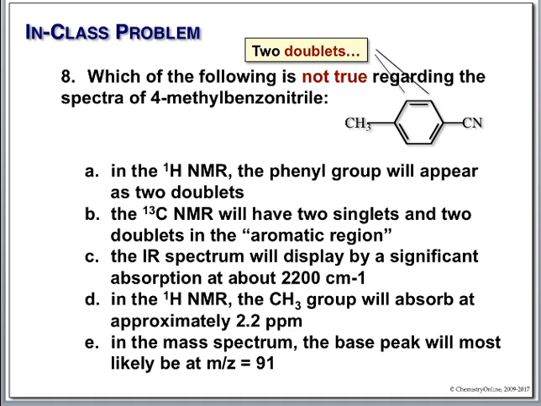So this guy splits this one into a doublet. Likewise, this guy is split by this one into a second doublet. With 1,4 substitution, you typically see very nice clear 2 doublets. This is in the benzene region, so between 7 and 8 parts per million. So this one looks good.